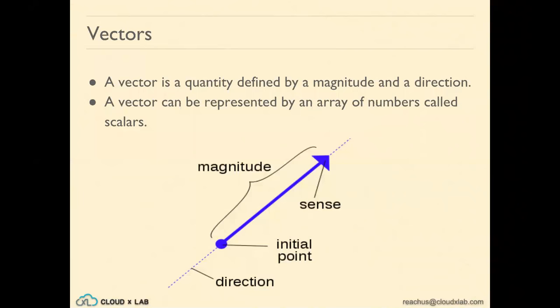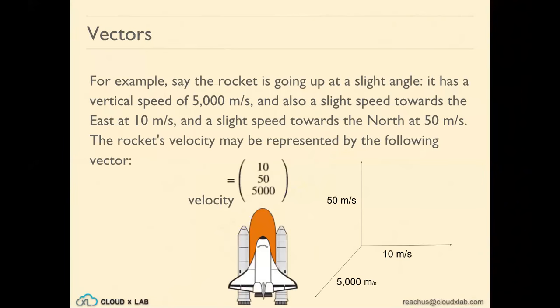Let's take the case of a rocket going up at a slight angle. It might have a vertical speed of 5,000 meters per second, a slight speed towards the east of maybe 10 meters per second, and a slight speed towards the north at 50 meters per second, right? And the rocket's velocity may be represented by the three values 10, 50, 5,000.